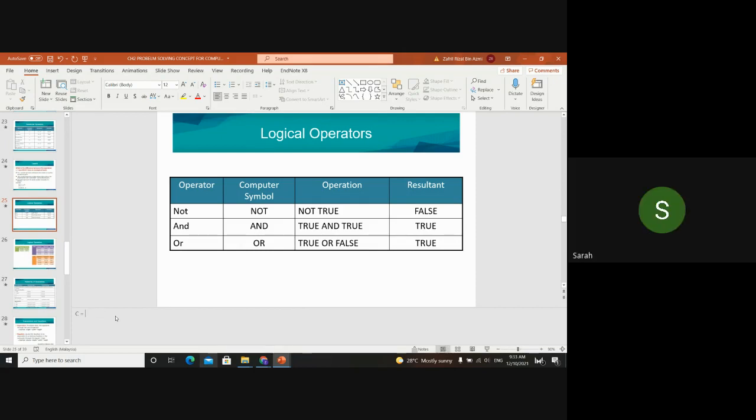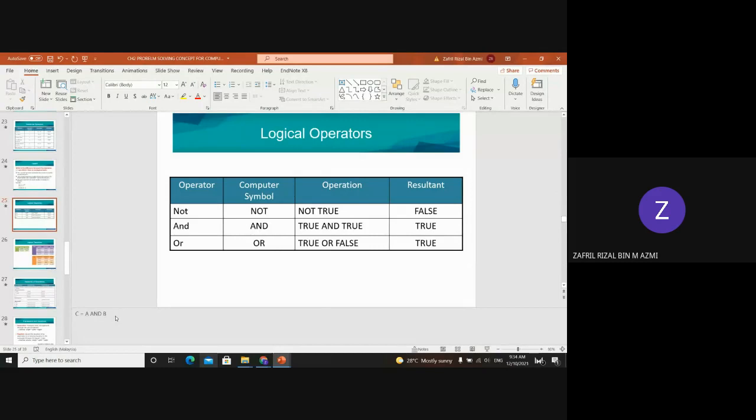Okay, what if A and B? A is false, B is true. False. AND requires both to be true.